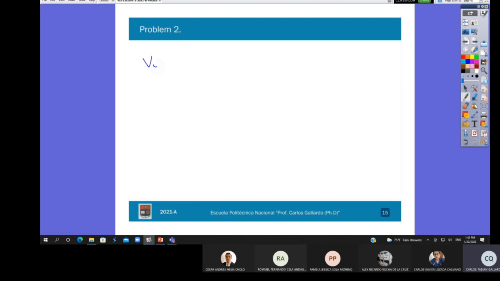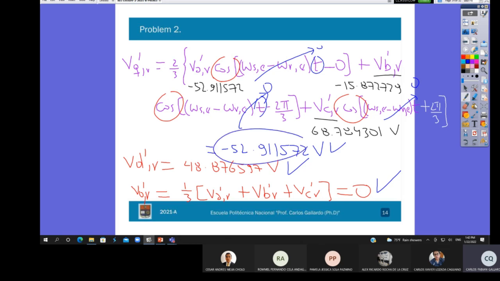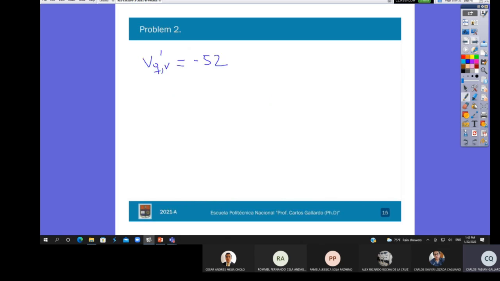So I will say the quadrature axis voltage, the per unit value, sorry. By definition, the per unit value is equal to the actual value over the base. The actual value is 911.572, and the base is 563.383.